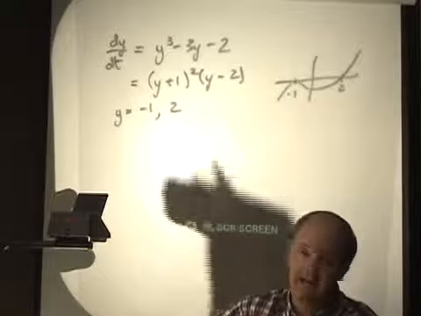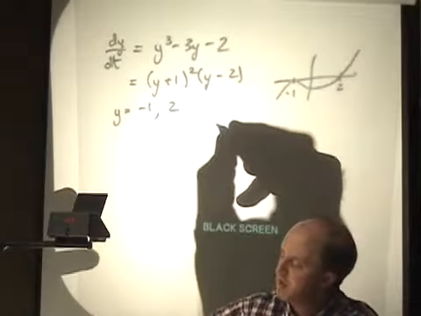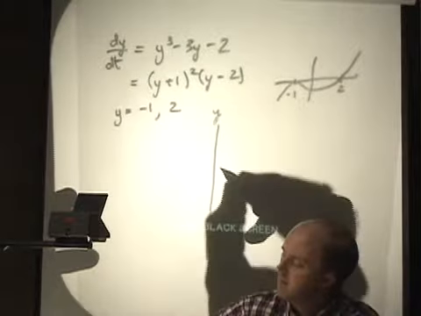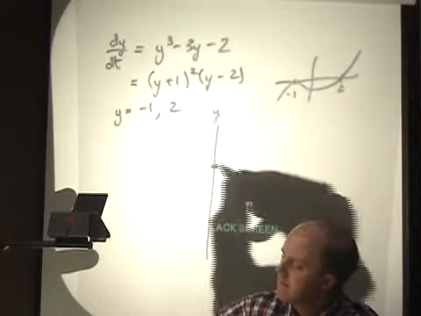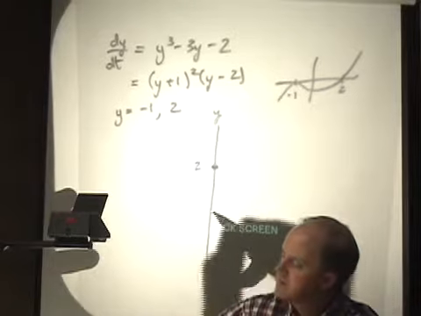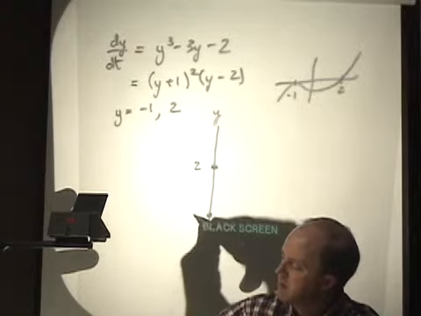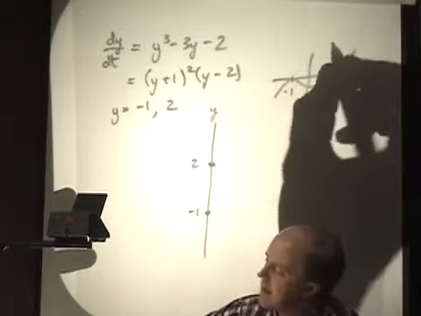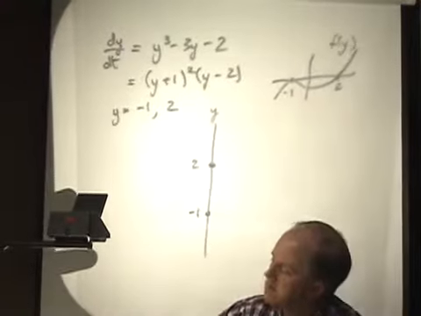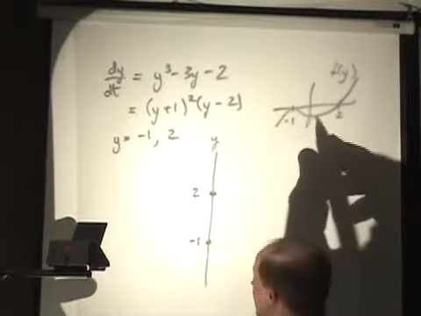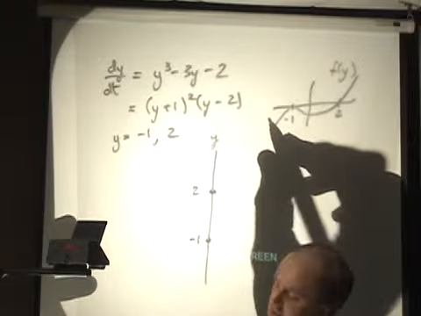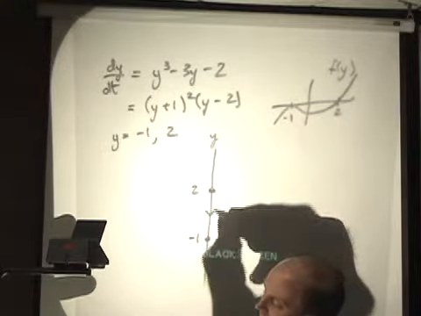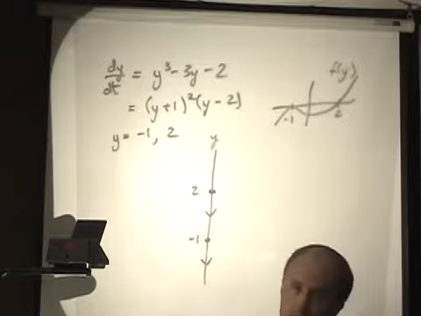Thinking qualitatively again, I could make a slope field. Let's just jump right to the phase line. Mark off the points that are going to correspond to equilibrium solutions. We now call these equilibrium points. And now think about where the right-hand side, f of y, is positive and where it's negative. It's negative when y is less than -1, and also when y is between -1 and 2, meaning on this phase line you draw downward pointing arrows.